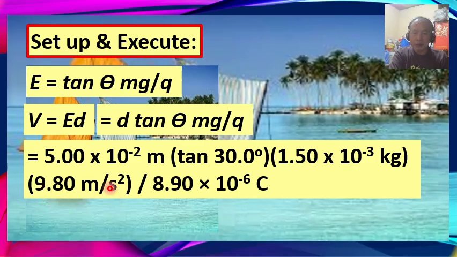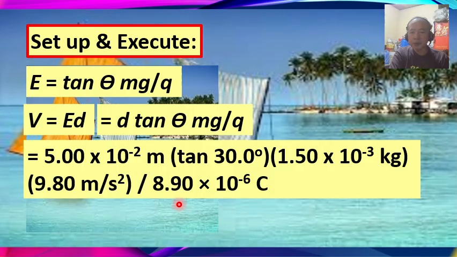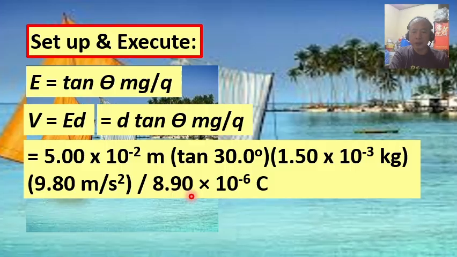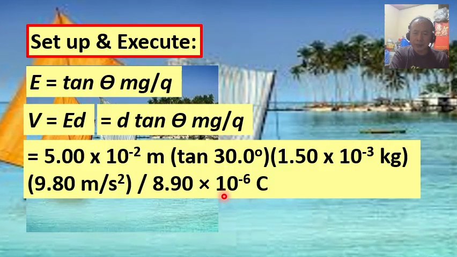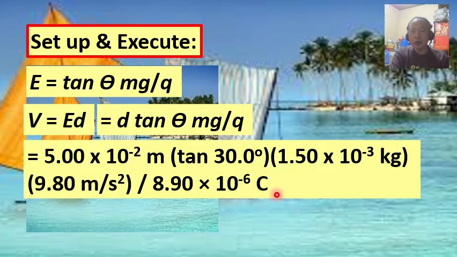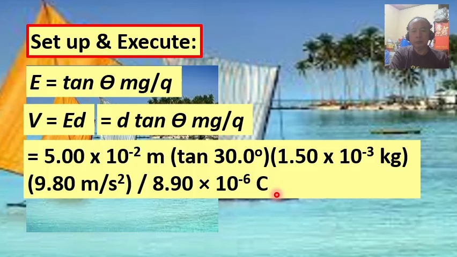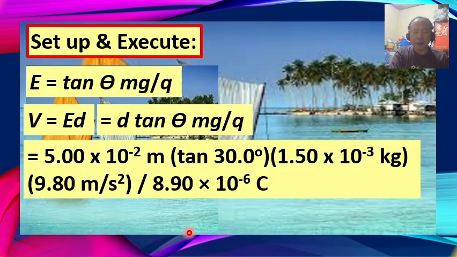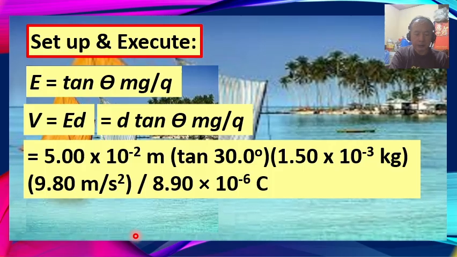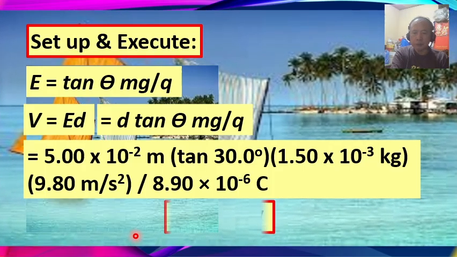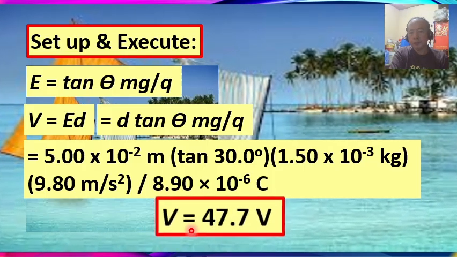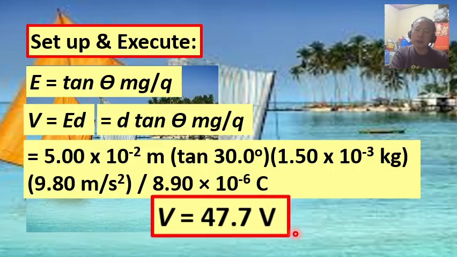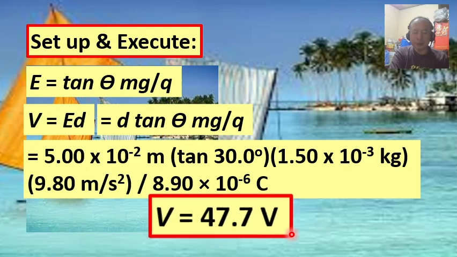And then divide the whole thing by the given value of the charge of the sphere, 8.90 times 10 raised to the negative 6 coulomb. So when we do our math, we arrive at the value of capital V equal to 47.7 volts, rounded to 3 significant figures.